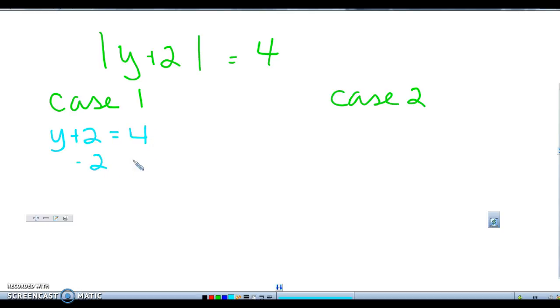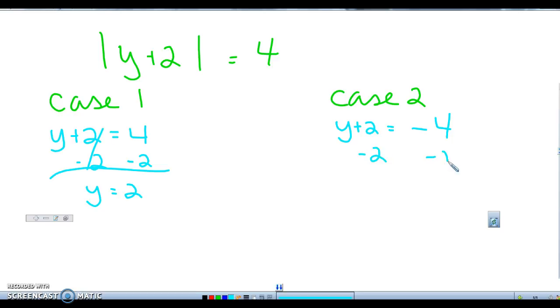I subtract 2 off both sides. I get y equal to 2. In case 2, I say y plus 2 equals -4. Remember, I'm setting it equal to that negative number. I subtract 2 off both sides, and I get y equal to -6.